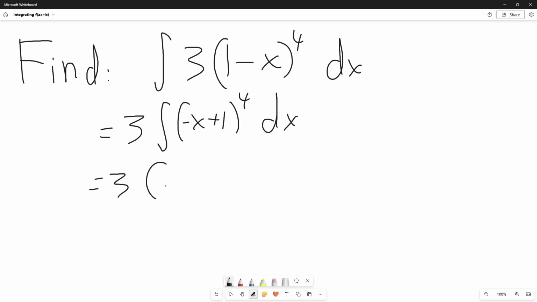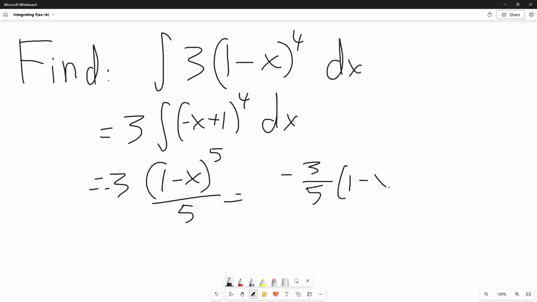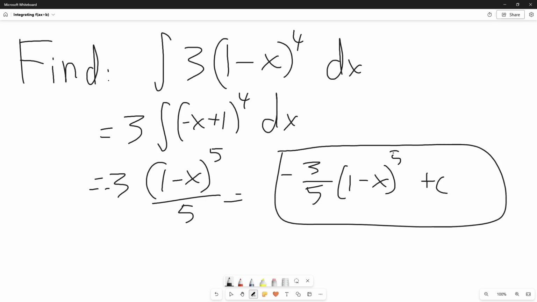So negative 3 times 1 minus x to the power of 5 over 5, and then divide the whole thing by negative 1, and the negative sign just goes to the beginning, so negative 3 over 5 times 1 minus x to the power of 5 plus c. And that's our final answer.